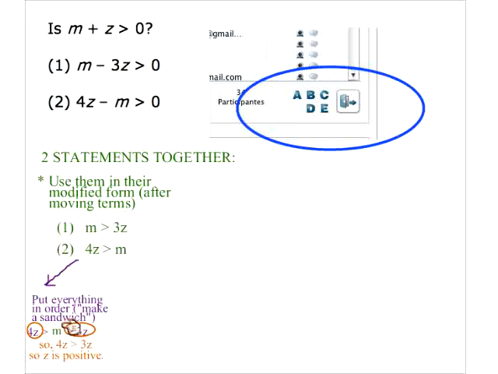But then we also know that m is sandwiched between 3 times a positive and 4 times a positive. So positive greater than m greater than other positive. So m is also positive. So this one's going to be sufficient together, giving us an overall C, but let's find a couple of other ways that we can deal with this.